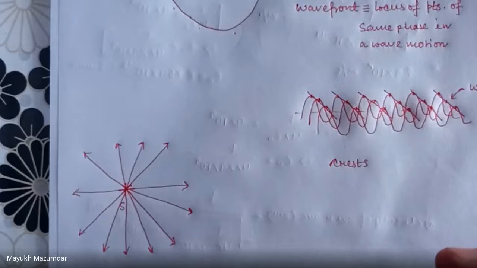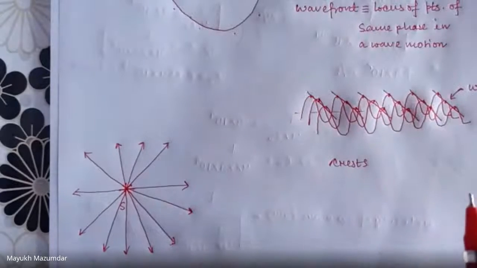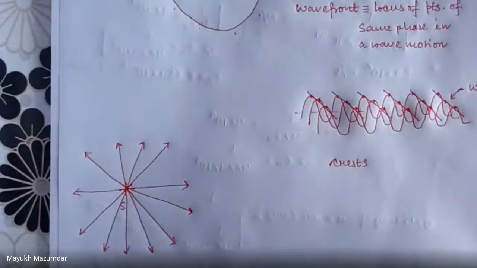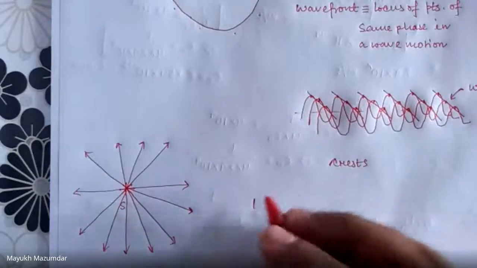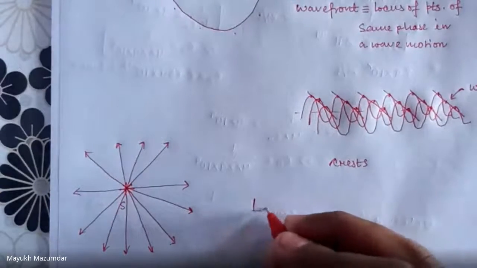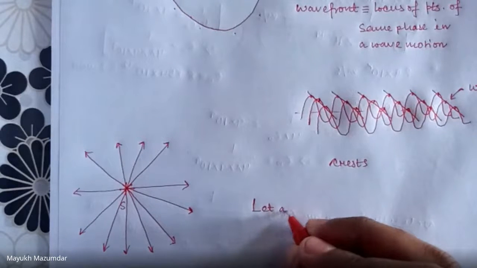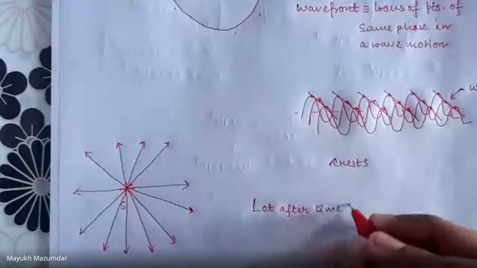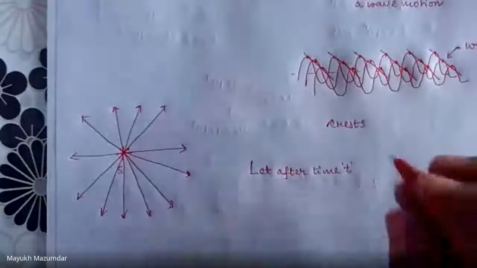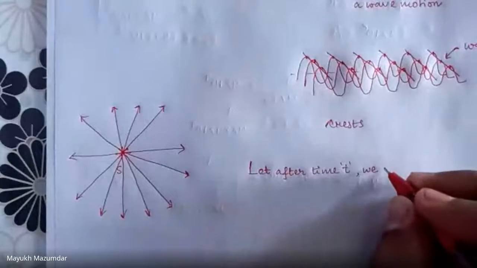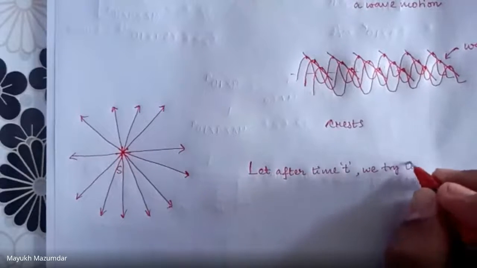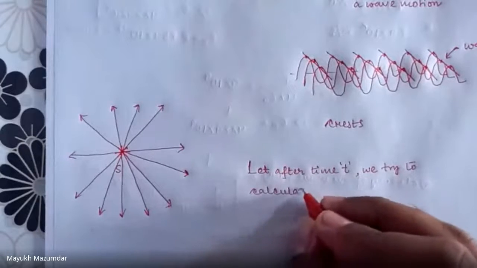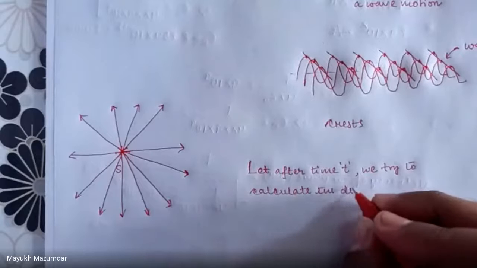Okay. Now I just want to draw the wavefront for this one because that would be required soon. So how to get the points of same phase? Let after time t we try to calculate the distance traveled by light.